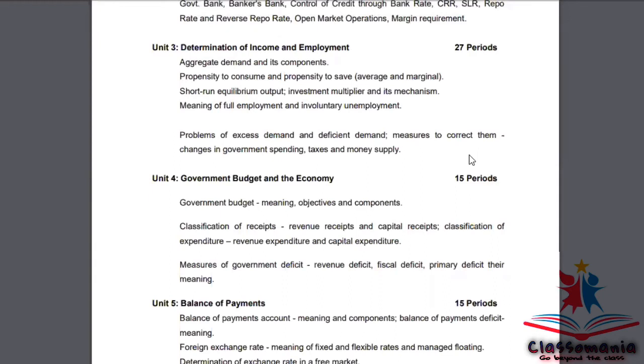The topics which have been deleted from unit 5, balance of payments, are balance of payment deficit meaning and determination of exchange rate in a free market. These two topics have been deleted from this unit. Everything else is coming as it is in this unit for the annual board examination.